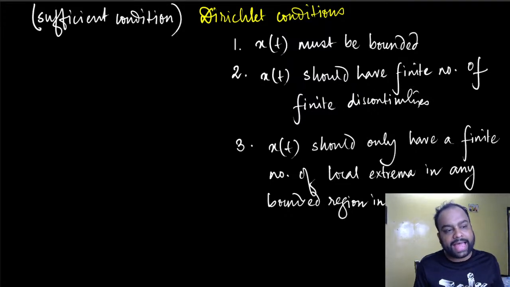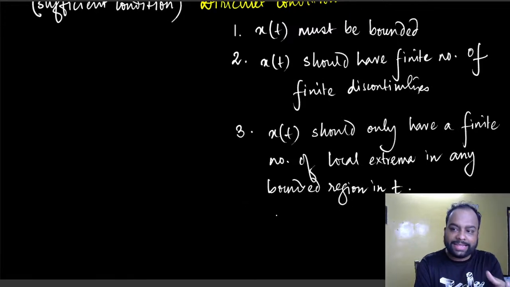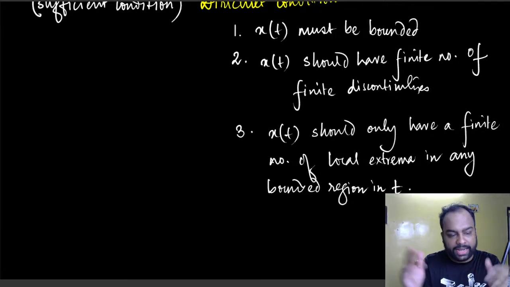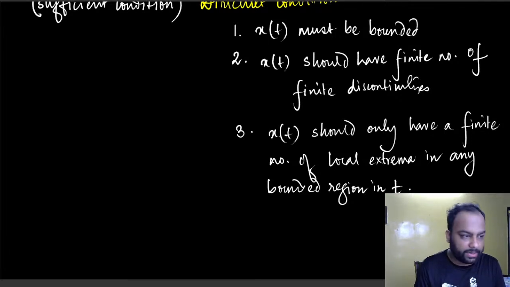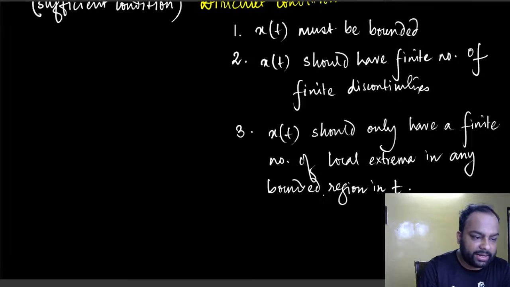So x(t) is not allowed to go to infinity. If that happens, the sufficient condition is violated. x(t) must have a finite number of finite discontinuities, so only jump discontinuities are allowed. And x(t) should have a finite number of maxima and minima within any given bounded interval in t.